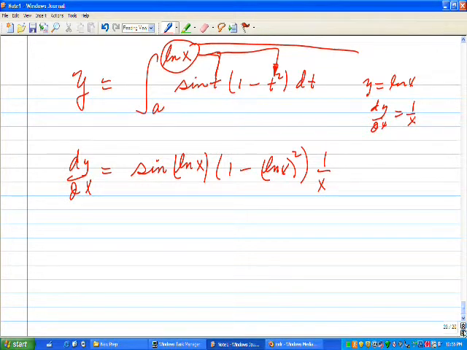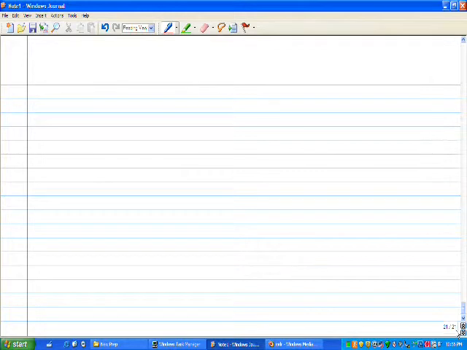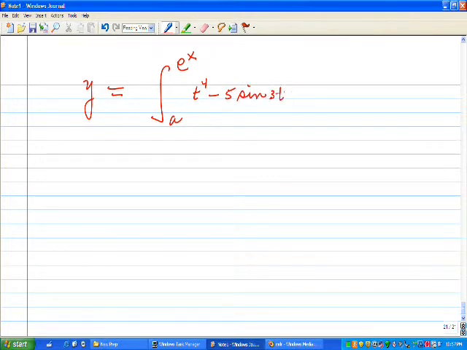Let's do one more example. Suppose y is equal to the integral from a to e to the x, and we're taking the integral of t to the fourth minus 5 sine of 3t dt.